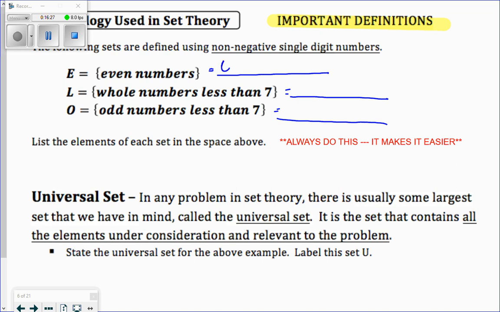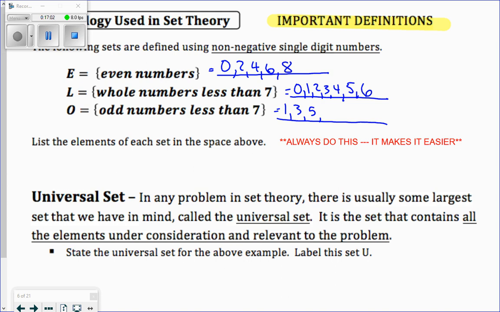That would be 0, 2, 4, 6, 8. What are whole numbers less than 7? So 0, 1, 2, 3, 4, 5, 6. Do I include 7? Nope. Odd numbers less than 7. So that would be 1, 3, 5, and that's it, because I can't write out 7, because it's just less than 7.